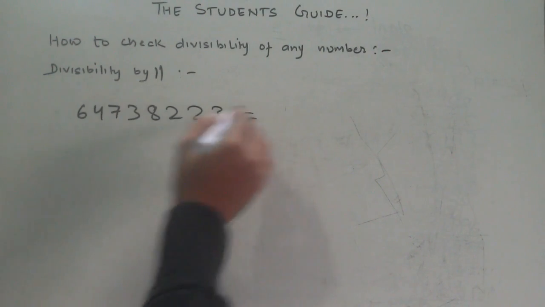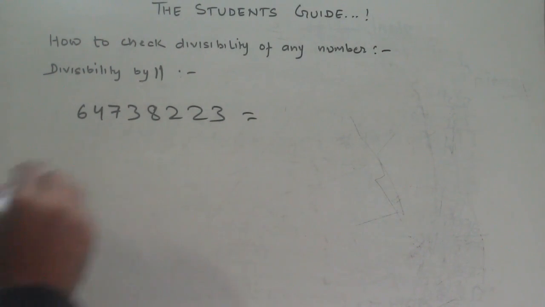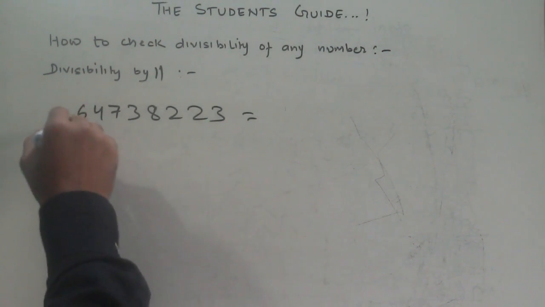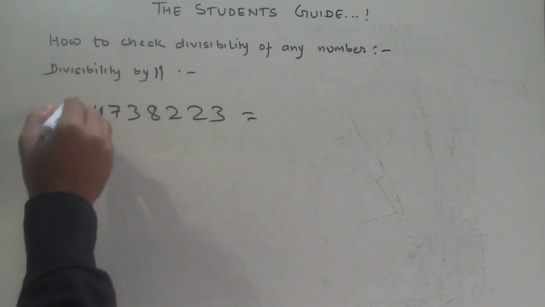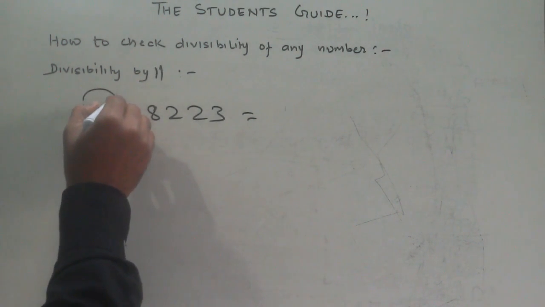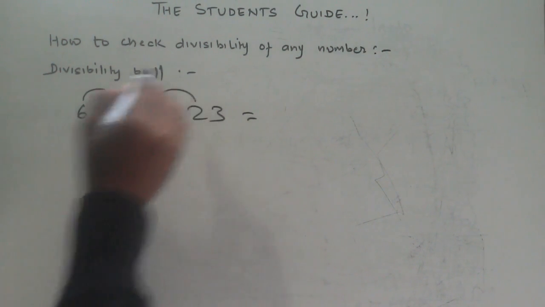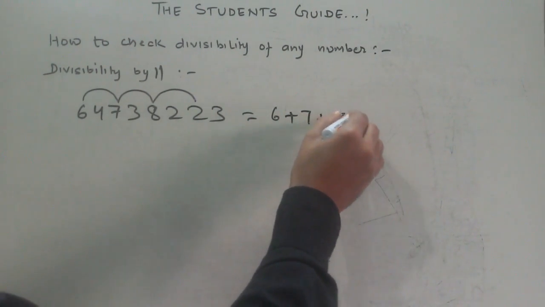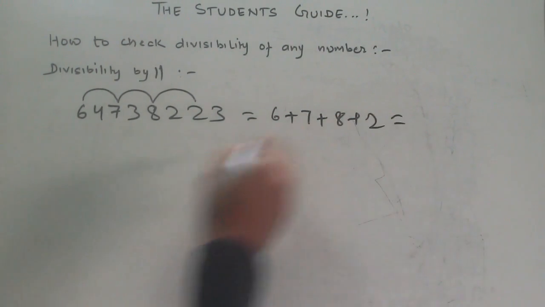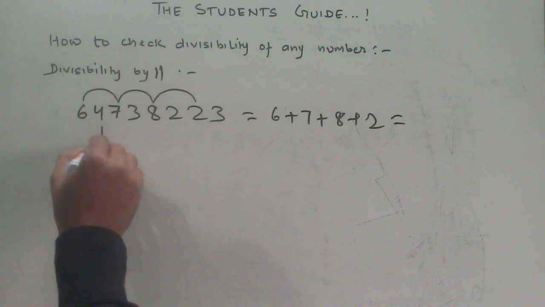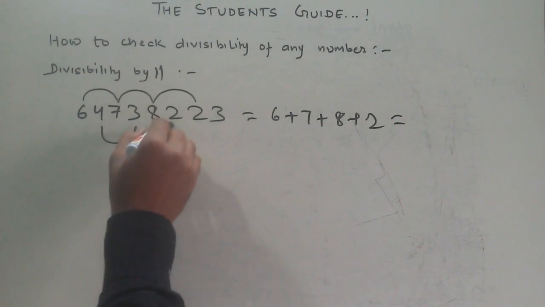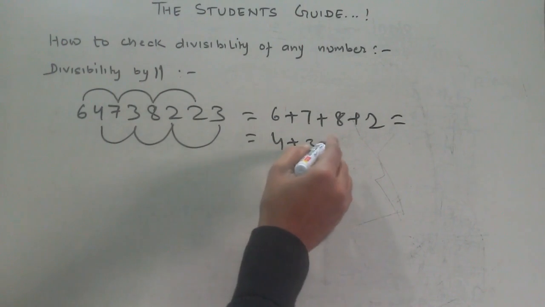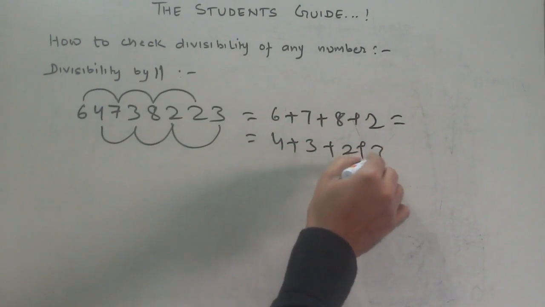So what we will do, guys, is add the alternate digits. First we will add the alternate digits starting from the first: 6 plus 7 plus 8 plus 2, and then we will add the next alternate digits: 4 plus 3 plus 2 plus 3.